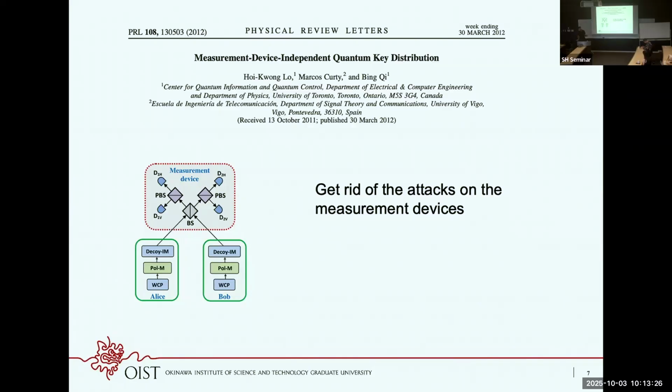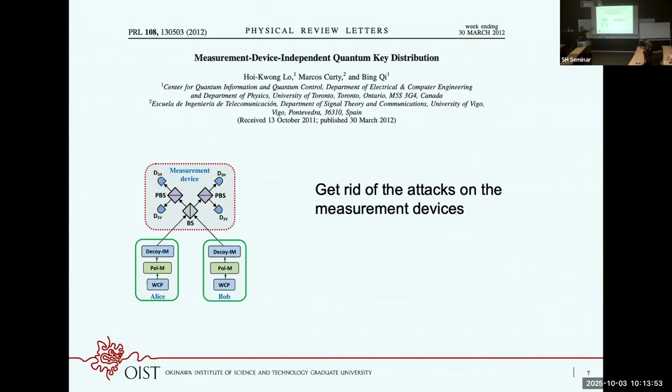One of the types of attacks that Eve can do is attacks on the measurement devices, which are photon detectors. So these authors came up with an idea and said, rather than giving the photon detectors, the measurement device, to Alice and Bob, why don't we give it to an untrusted station? That's the main idea behind it.